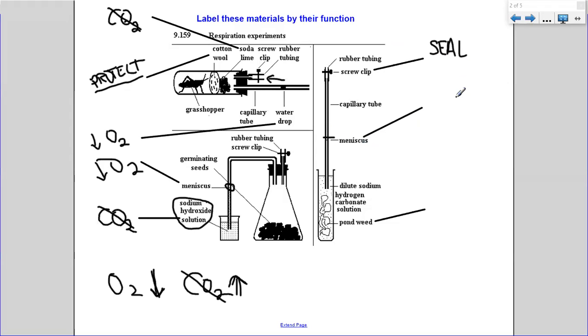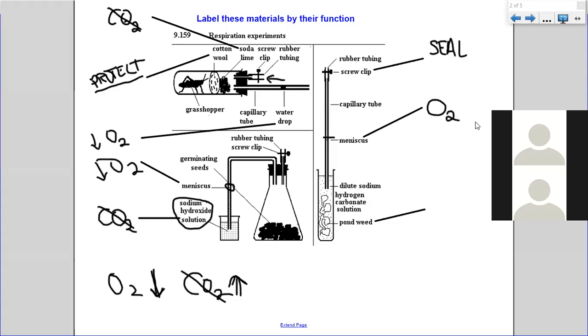But the meniscus, what is the meniscus measuring? Yang, what is the meniscus measuring? O2, is it consumption or production? You've got to take a chance on it or I'm going to bounce.